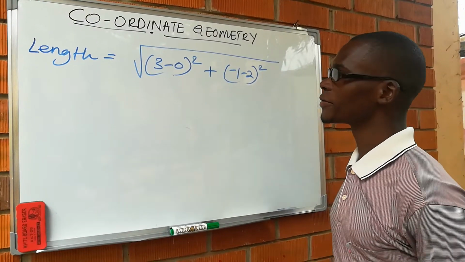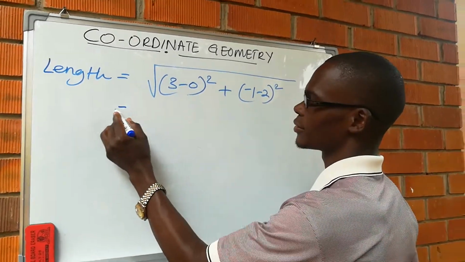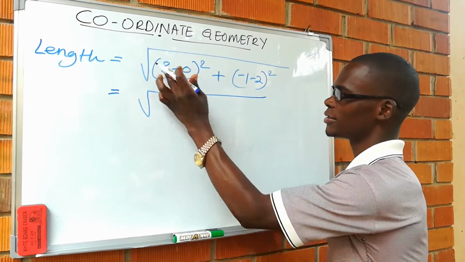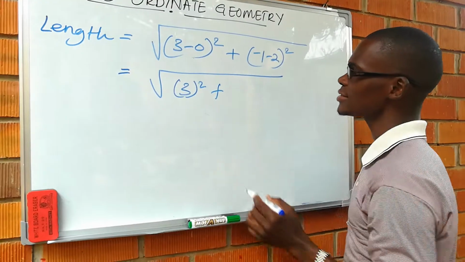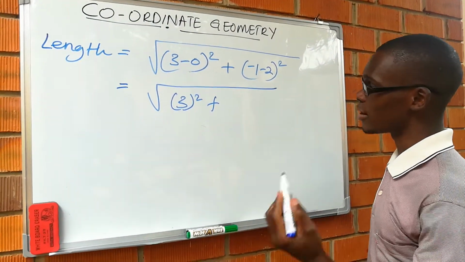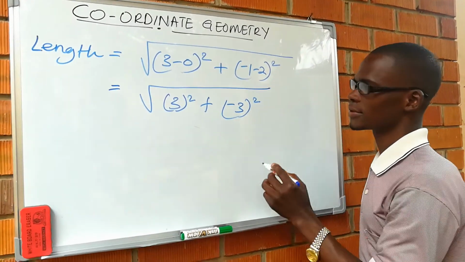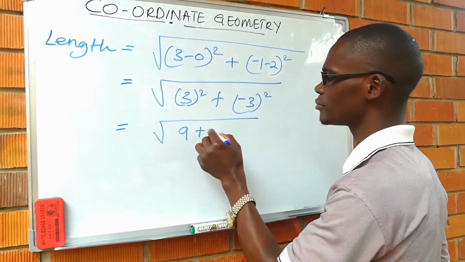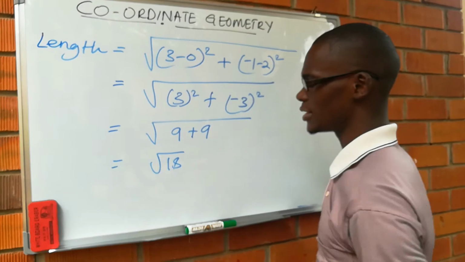So now, if we simplify this, we have the square root of 3 minus 0 giving us 3 squared plus negative 1 minus 2. They are all negative, so it gives us negative 3, which will give us the square root of 9 plus 9, giving us root of 18.